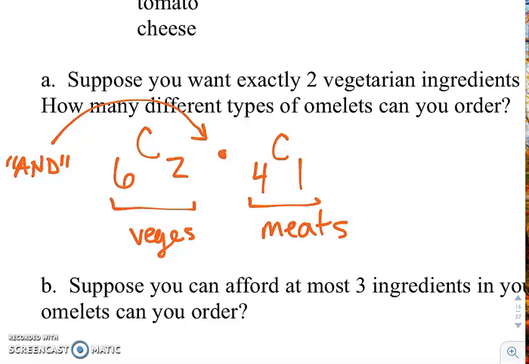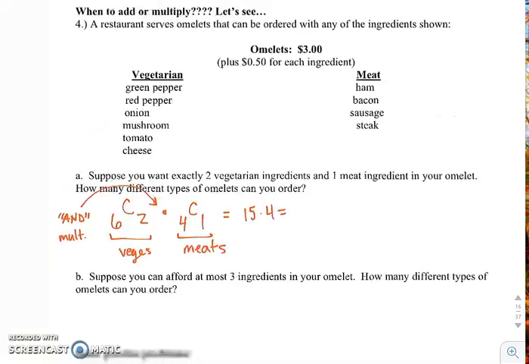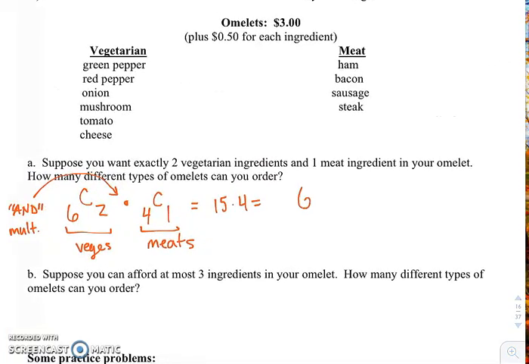Because you're choosing more than 1 thing. So and is when you multiply. So 6 choose 2 times 4 choose 1. You end up with 15 times 4, which means there's 60 omelets you guys could order, if you're only getting that many toppings.